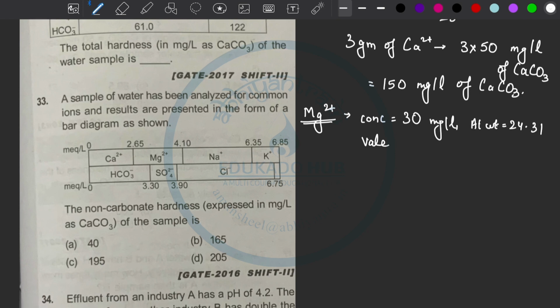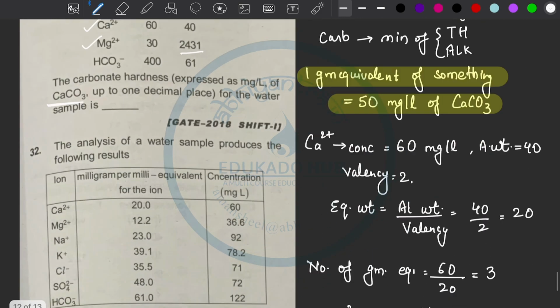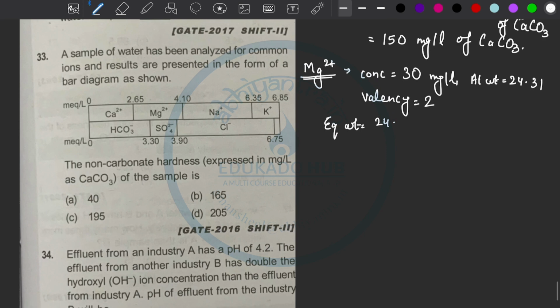Valency is 2. So equivalent weight will be atomic weight upon valency. The value is 24.31 divided by 2. So it is equal to 12.15.